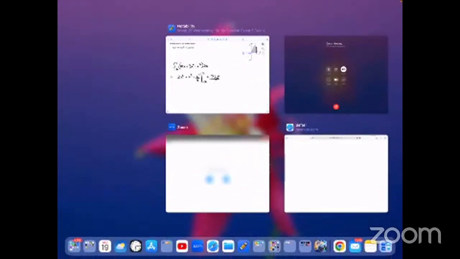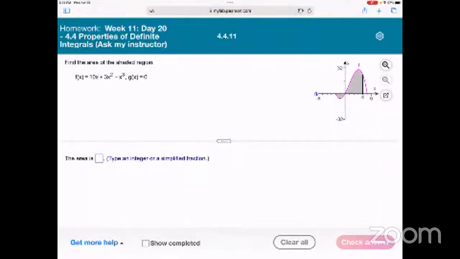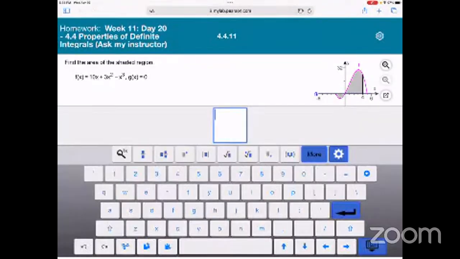Okay, I think I can pull it back up. Let me share. And I want to say the number should be the same, so we shouldn't have to do it over again. It looks good. I'm going to put 72 and go with that.